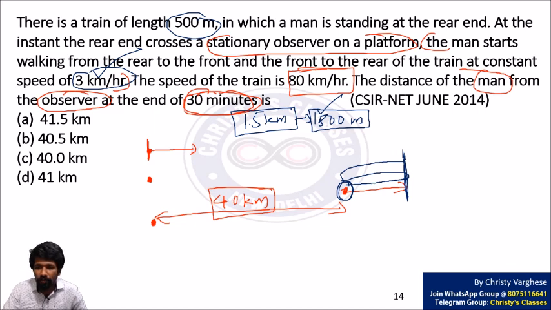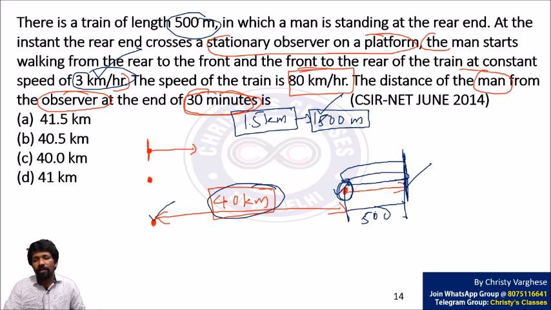So the person will reach the front end of the train. Now the front end of the train is 500 meter away from the back end of the train. The back end of the train is 40 km away from the observer. So 40 km plus 500 meter, and 500 meter is 0.5 km. So 40.5 km is the answer.